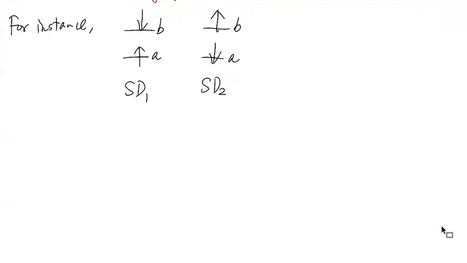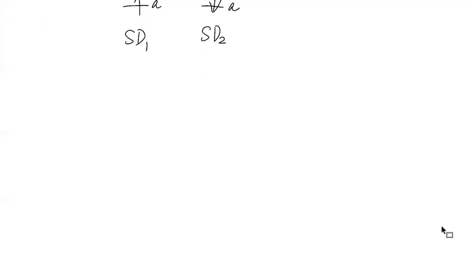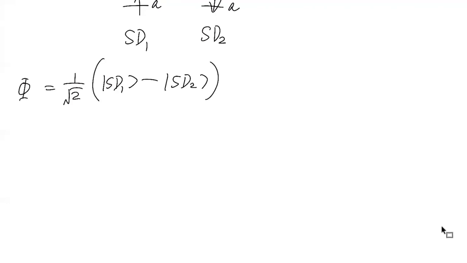However, if you combine SD1 and SD2, you can form a spin eigenfunction. In particular, if you do 1 over square root 2 times SD1 minus SD2, and you apply S squared on this configuration state function, you will get 0. So this phi is a spin eigenfunction, and it gives you a singlet state.